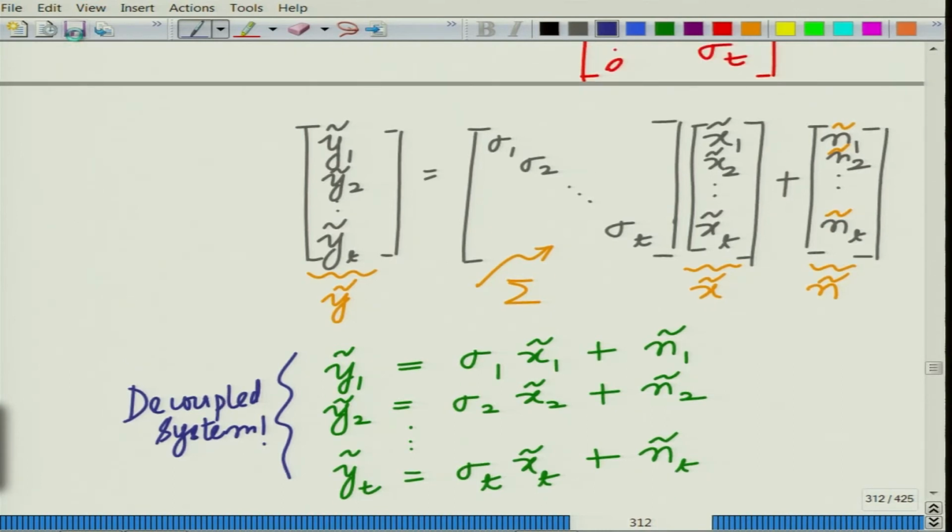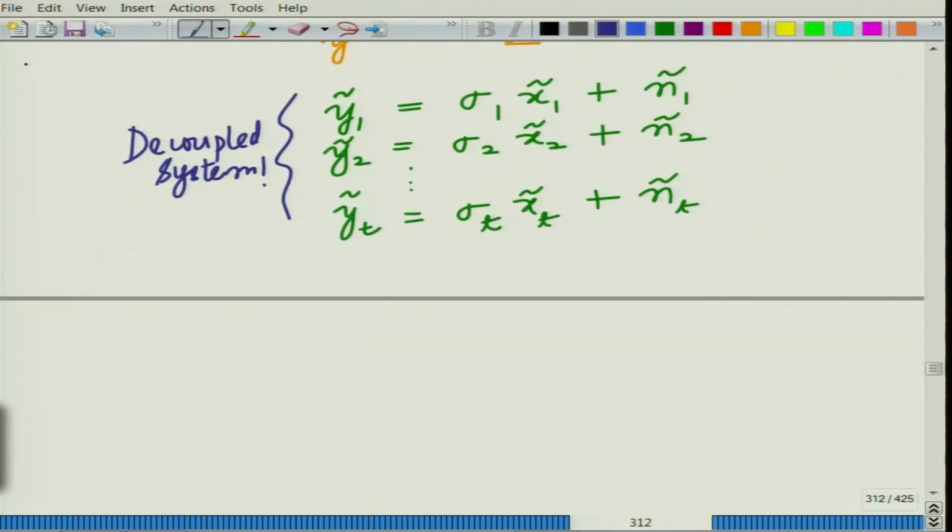Why is this a decoupled system? Because you can see each yi tilde depends only on xi tilde, that is y1 tilde depends on x1 tilde, y2 tilde depends on x2 tilde, and so on, yt tilde depends only on xt tilde.